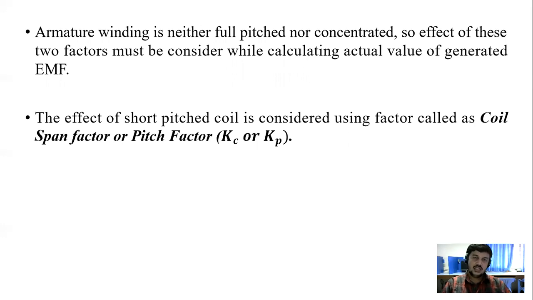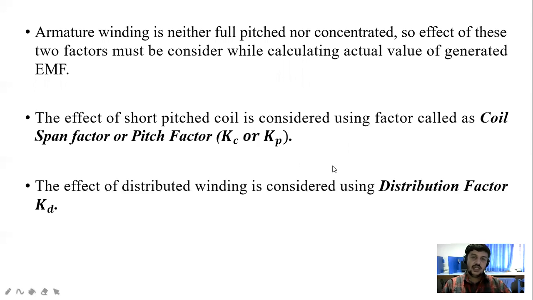The effect of a short pitch coil is generally considered using a factor known as the coil span factor or pitch factor, which is denoted by Kc or Kp, whereas the effect of a distributed winding is considered using the distribution factor Kd.